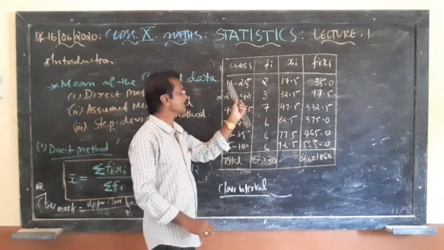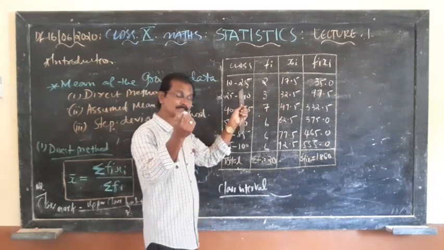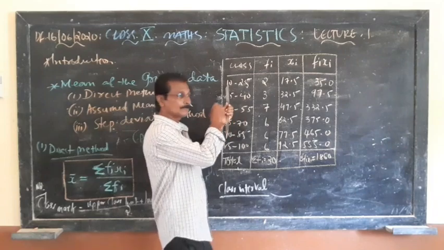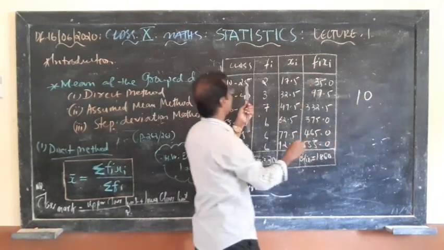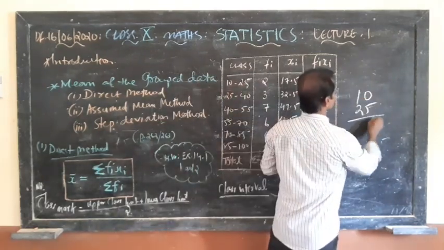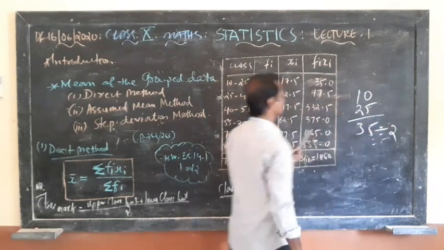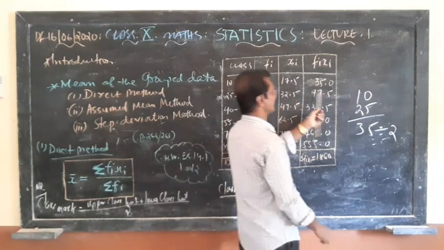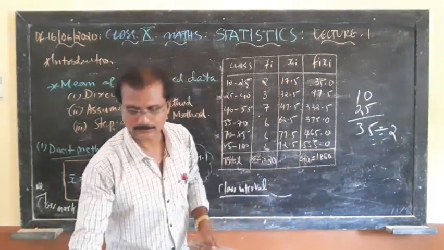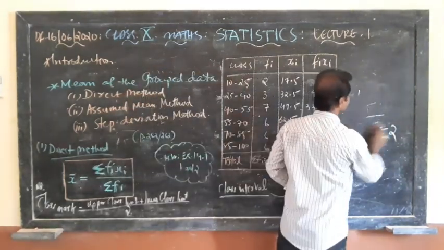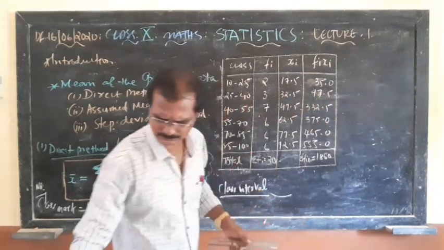Xi means the midpoint of this class. How to find it? Lower limit 10, upper limit 25. So 35, dividing by 2, 35 divided by 2 is 17.5.